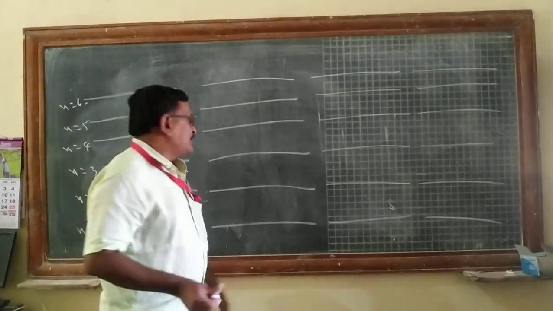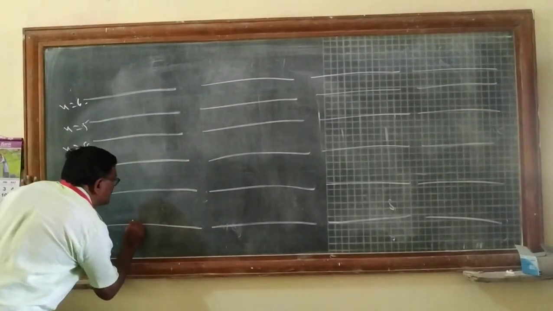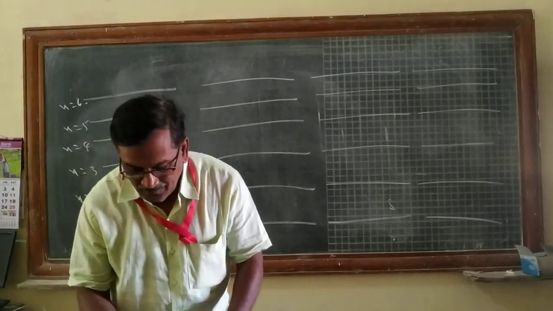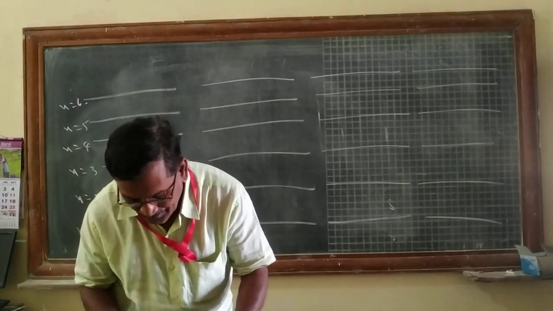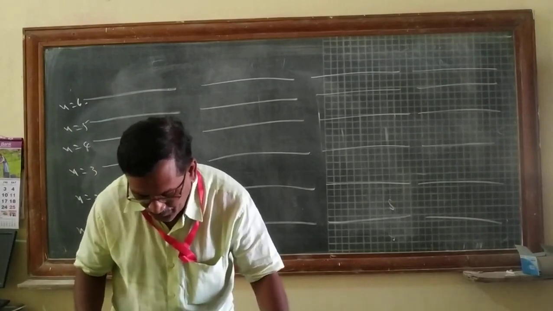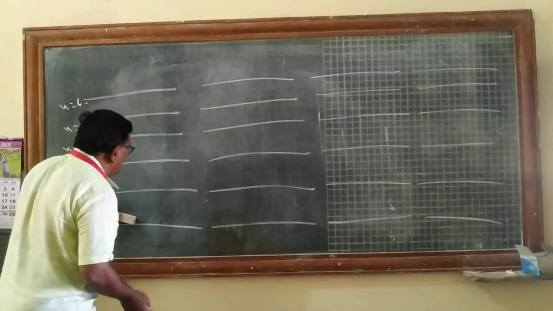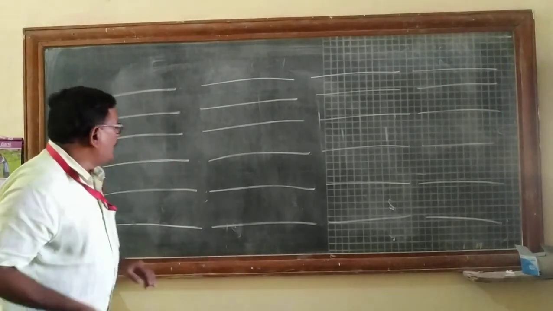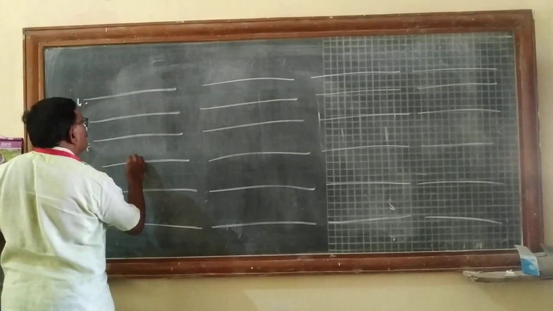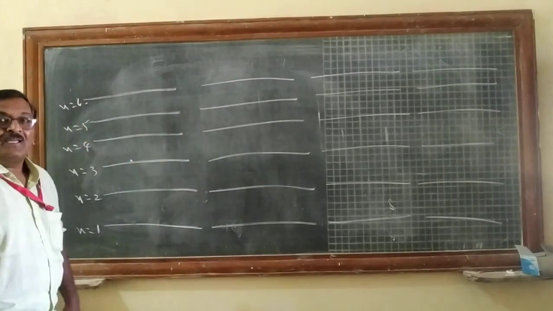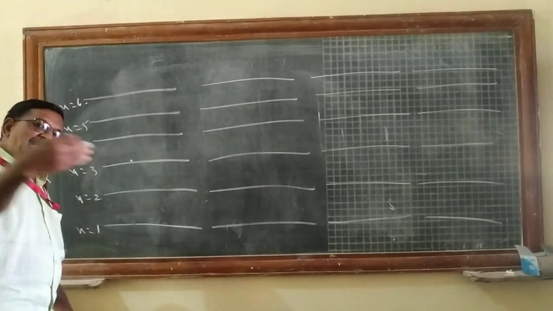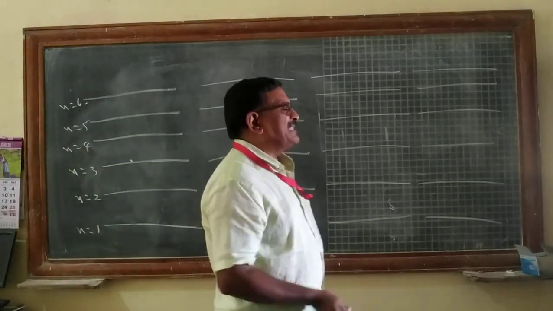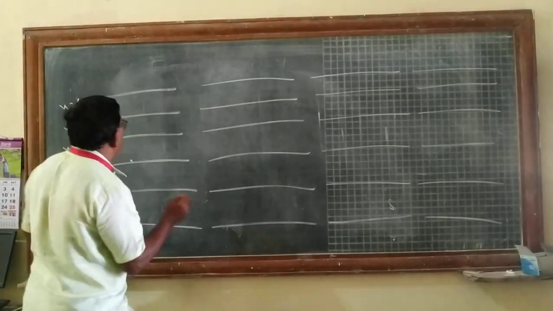If an electron is present in the first shell, that is K, n equals 1, it will remain in n equals 1. Suppose the electron is present in the original level n equals 3, or n equals 1. If you pass monochromatic light, the substance contains electrons, so that electron will be shifted.